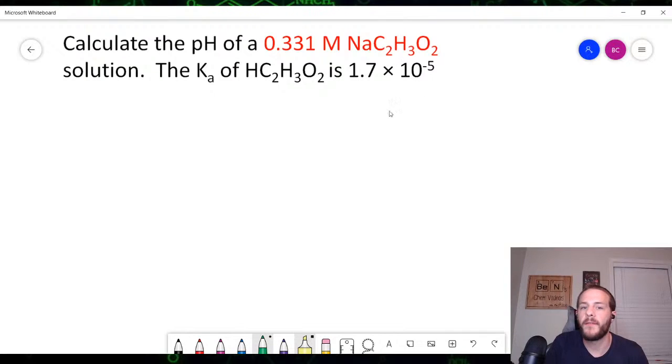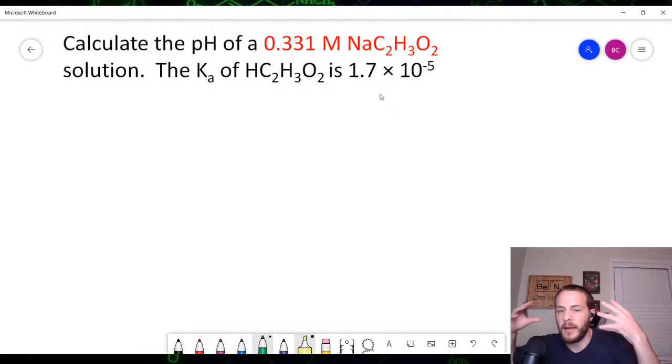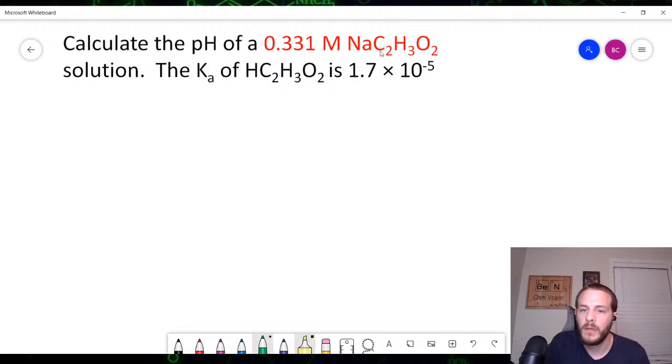When sodium acetate dissolves in water, it's going to split up into sodium ion and acetate ion. The sodium ion is actually inert for reasons that we're going to discuss in the future, but the acetate ion acts as a weak base.